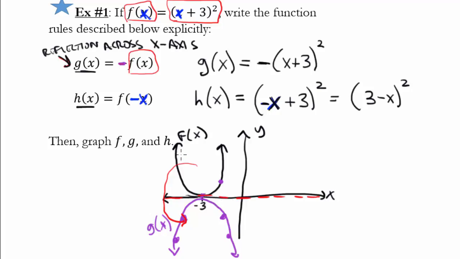Okay, so let's actually do it in blue. Here it used to be that the point negative 3, 0 was on the graph of f of x, but I want to change the sign of that x value. So instead of negative 3, 0 being on it, positive 3, 0 is going to be on my new graph of h of x.